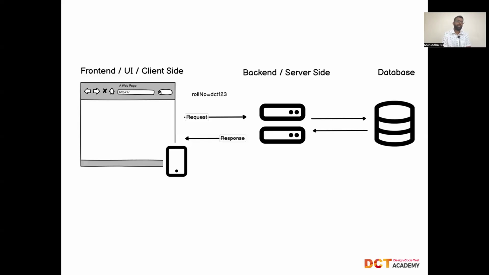Now, if this becomes the architecture, keep in mind, the same architecture will hold good if you're doing Python full stack, Java full stack, JavaScript full stack, or MERN stack. These three things will still continue to be there. There is no difference here. Now, remember what I said, at each of these levels, there are different technologies that are going to be used.